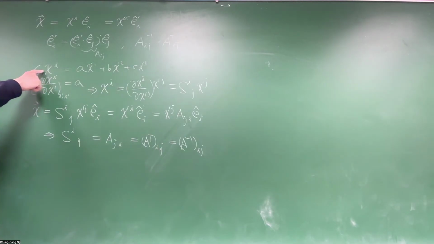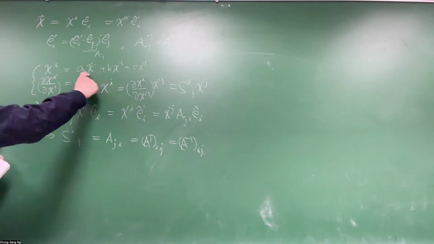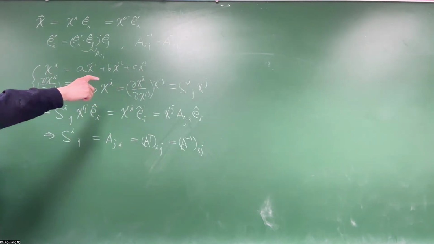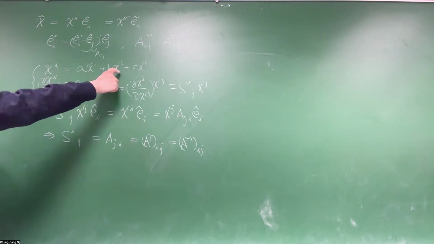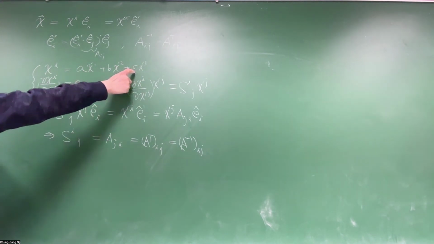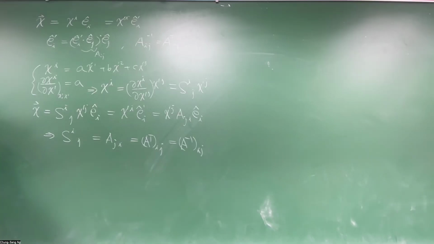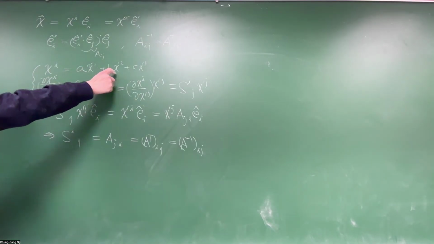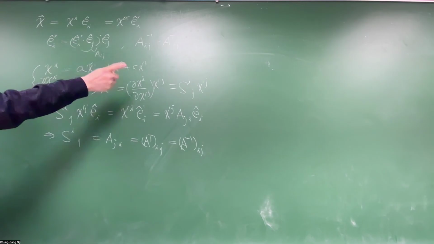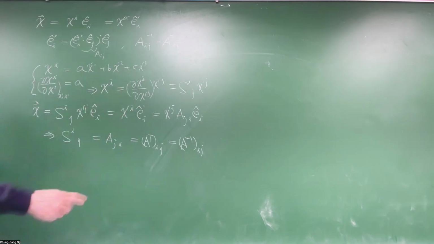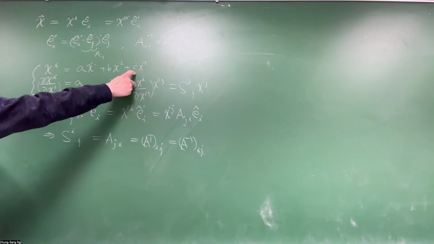The old coordinate is a linear combination of the new coordinates. And linear means all the new coordinates are multiplied by coefficients, which can be the same or different, right? So your A, B, C. You understand it? This is what we call a linear relation. Now these are just constants.